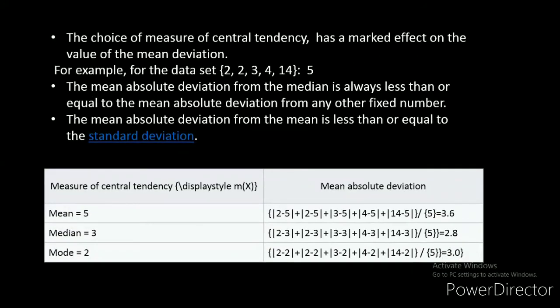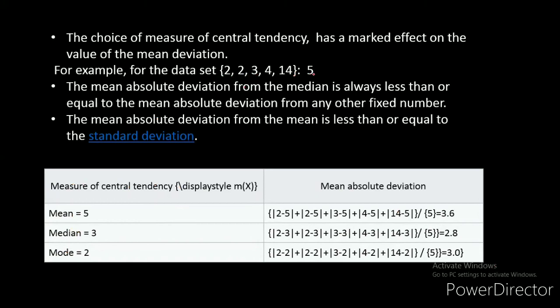The choice of measure of central tendency has a marked effect on the value of the mean deviation. In measures of central tendency, we learned about the mean, median, and mode. For example, take the data set 2, 2, 3, 4, 14.